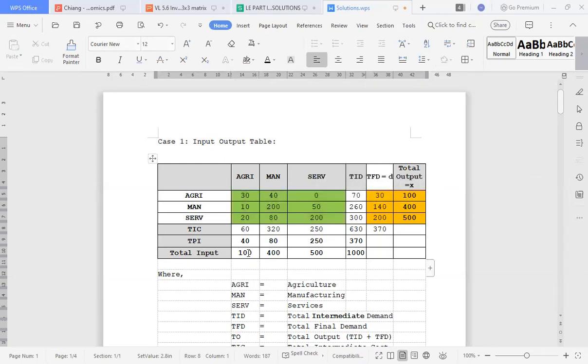So that's 30 divided by 100, 40 divided by 400, and 0 divided by 500, and you do the same for the other sectors. The ones in color are the ones I am using to write it in matrix notation.